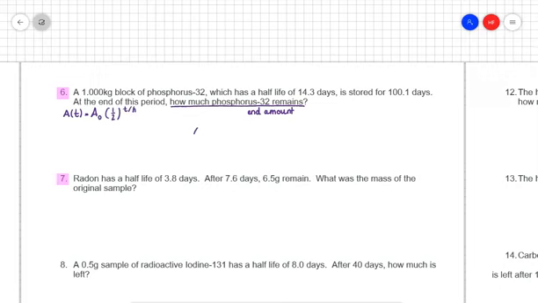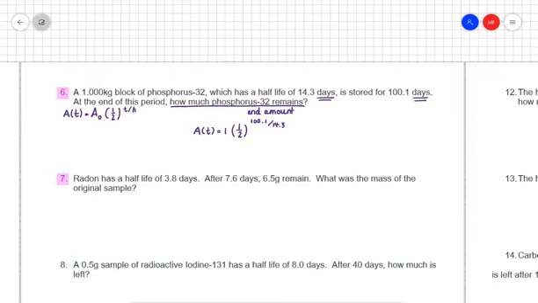So our end amount is what we're looking for. Our initial amount is 1 kilogram. Our time is 101 days, and our half-life is also in days.